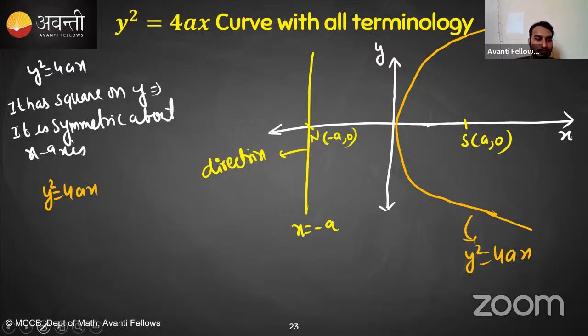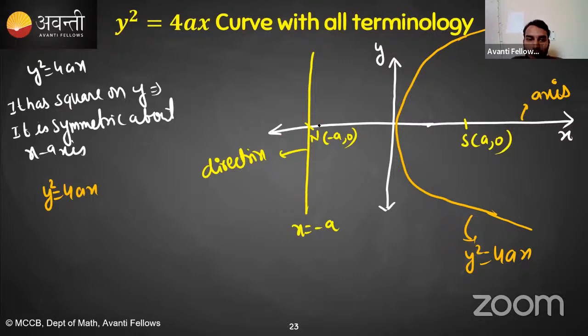Clear everyone? Okay, so now tell me students, देखो this is a directrix, x is equal to -a, तो वहीं से भी समझ में आ जाता, any line which is perpendicular to the directrix and passing through the focus, वो तो x axis ही है, so that's why this is axis. Okay, clear?